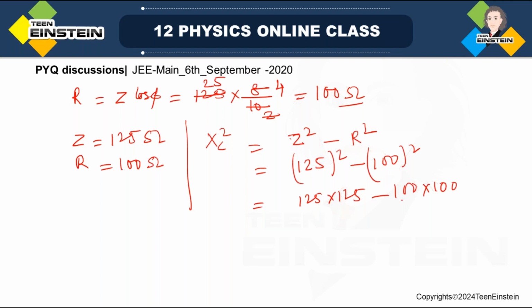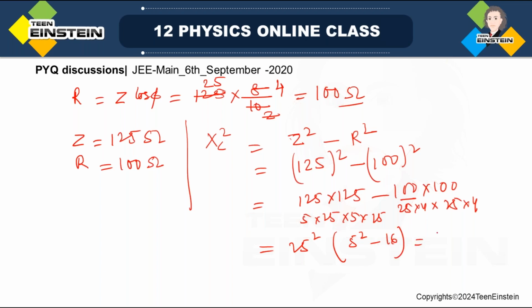I write 100 as 25 into 4, and 125 as 25 into 5. So I get 25 square common, and 5 square minus 4 square, which is 25 minus 16, so you get 9 into 25.